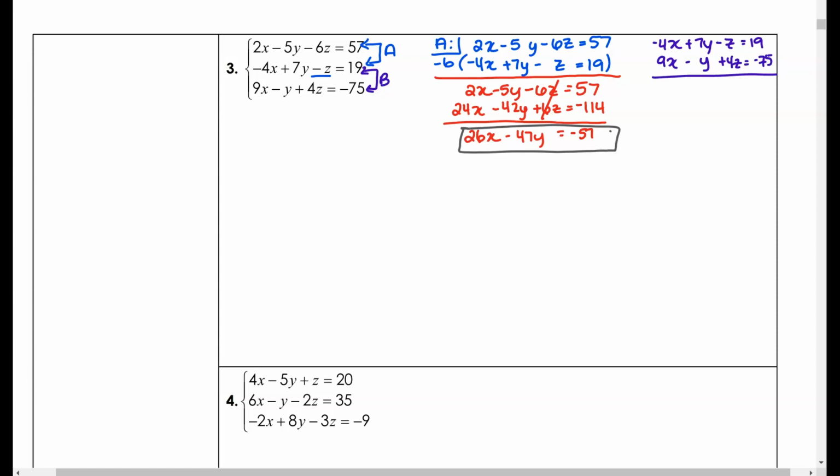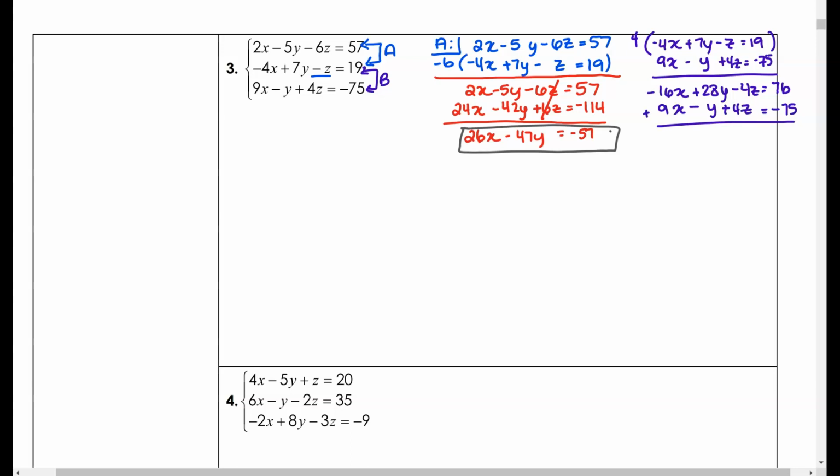This top one, because of that 4, I want to multiply by positive 4. When I multiply that, I end up with negative 16x plus 28y minus 4z equals 76. In that bottom, I end up with 9x minus y plus 4z equals negative 45.